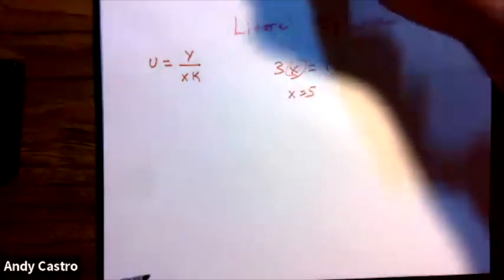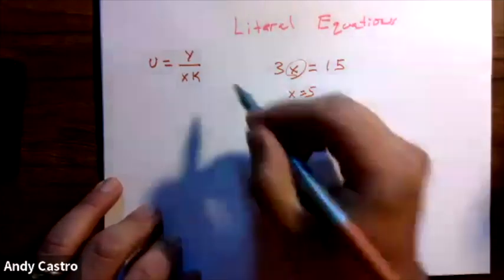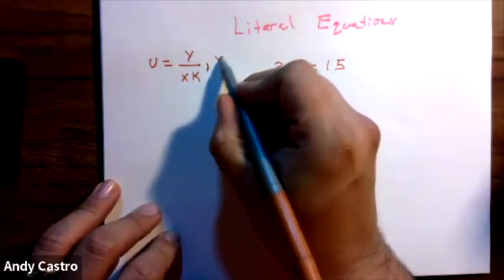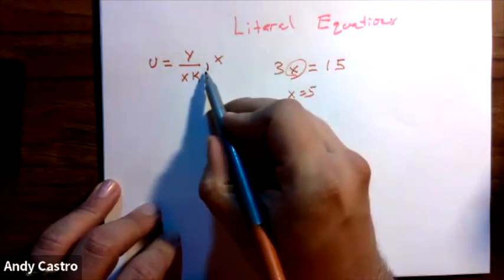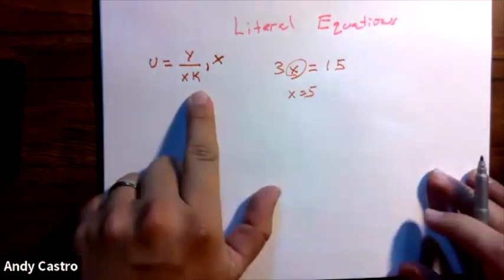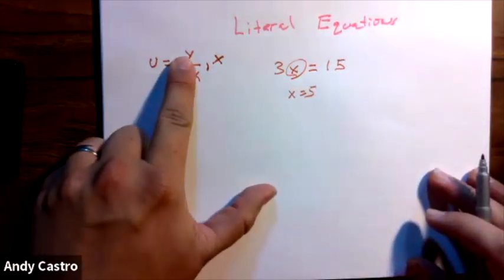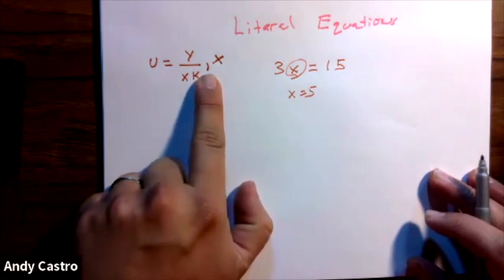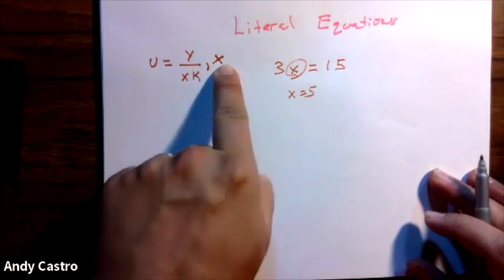And I said I wanted you to solve for the letter x, so I would put a comma and then I would put the letter x. So u is equal to y divided by xk. Now solve that for x.